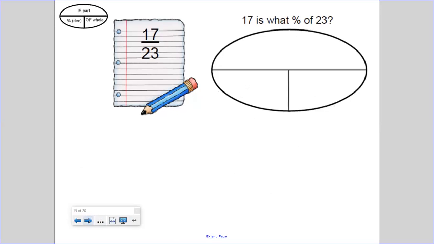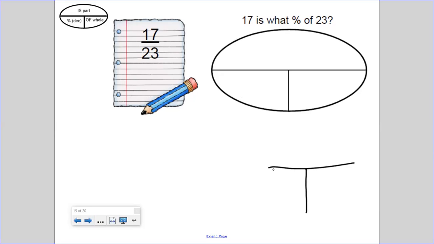What about this? Try this one. If I got a 17 out of 23, make a little T on your paper or somewhere near you. See if you can figure this out. I'll stay quiet for a second. See if you can figure out what goes where. Okay.